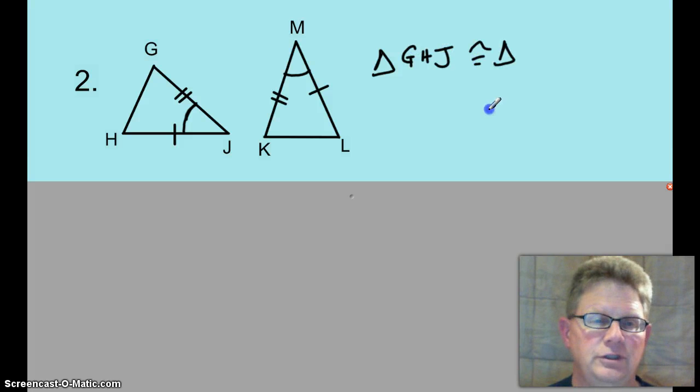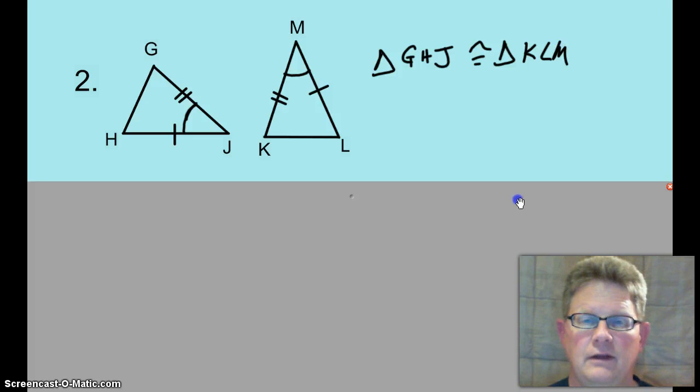What corresponds with G? That's right, K. Corresponds with the H, the L, and that leaves angle M to be the last letter, and this would be using the side, angle, side postulate.